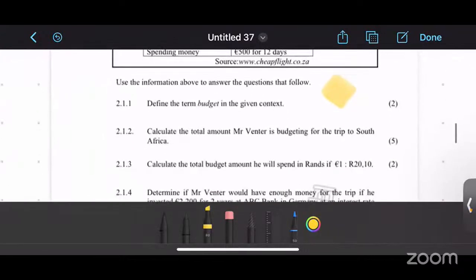Number two has been calculated. Then calculate the total budget amount he will spend in rand if €1 is equal to 20 rand and 10 cents. They just want us to convert the 7,902 euros to rand.